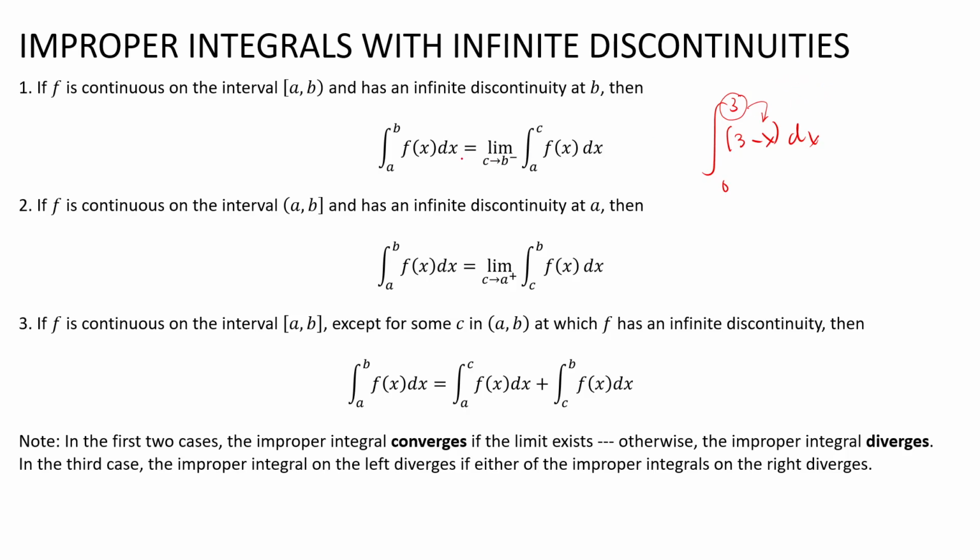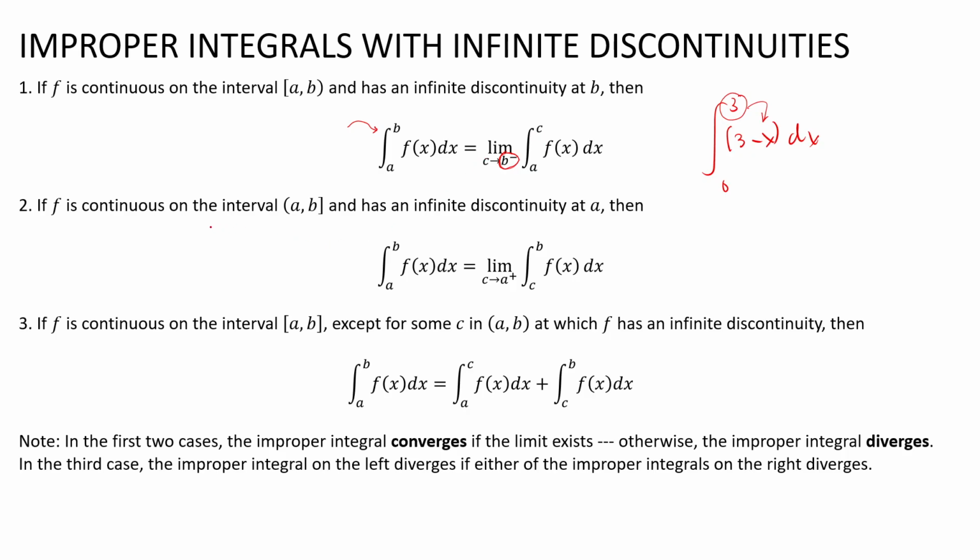So let's say your limit is discontinuous at b. So when we try to evaluate your limit, we take the limit on the left hand side, that's why it's b minus. So that will be what is included in your evaluation of your integrals.